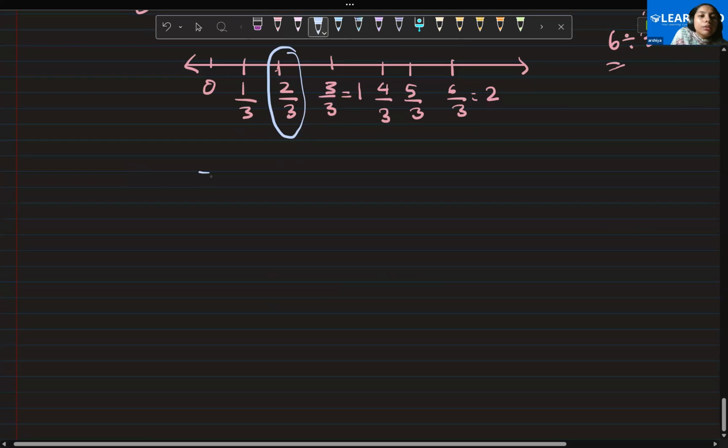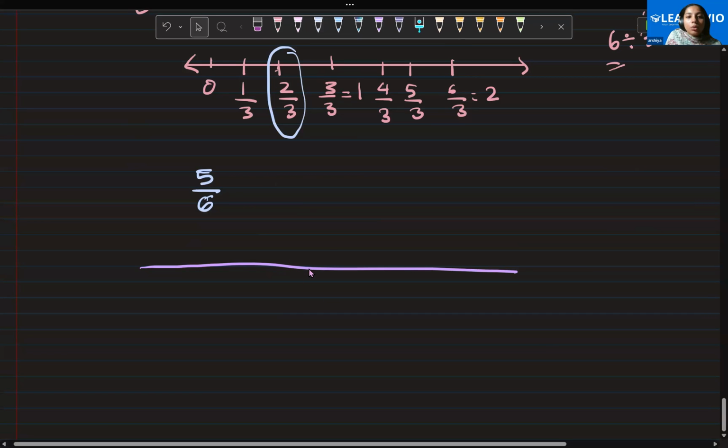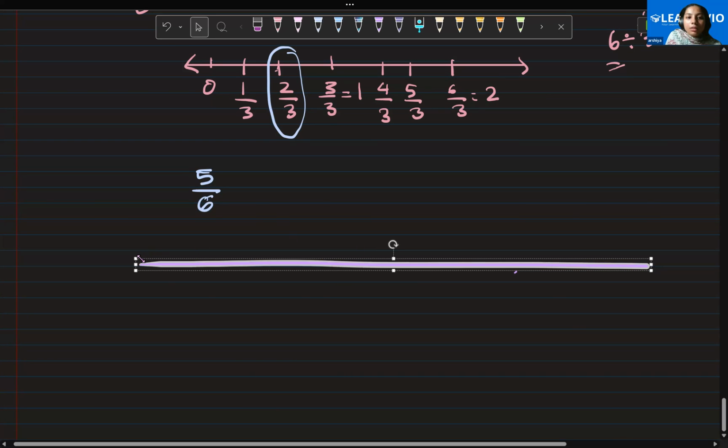Now, let's say I have to locate 5 by 6. First, I'll make a number line. Now, what should I write? Start with 0.